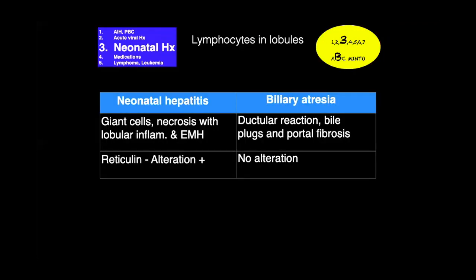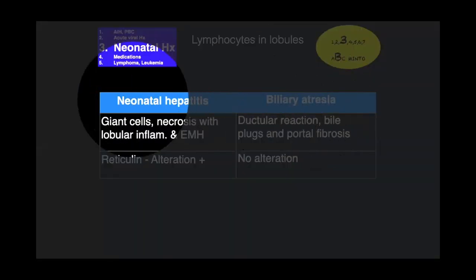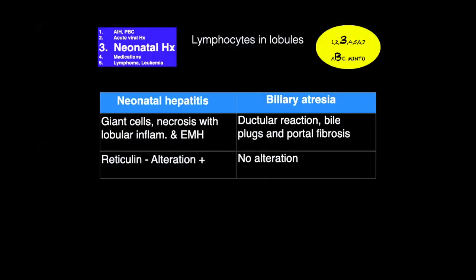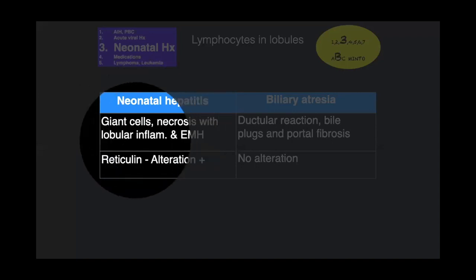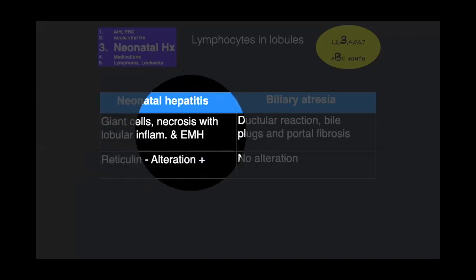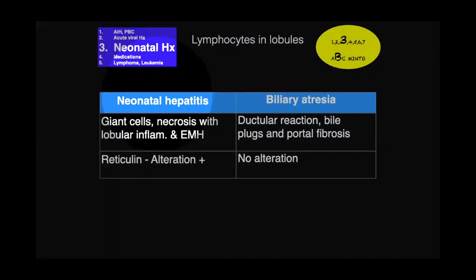Now we are coming to neonatal hepatitis. Neonatal hepatitis is very confusing with biliary atresia. So that's why I put this table to differentiate neonatal hepatitis and biliary atresia. In neonatal hepatitis, you will see a lot of giant cells with necrosis in the lobules and extramedullary hematopoiesis. Remember, these are all neonatal liver biopsies.